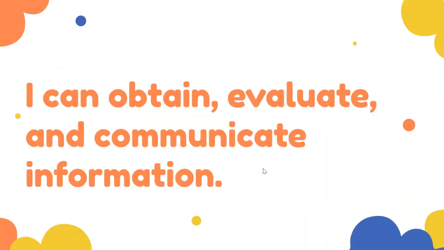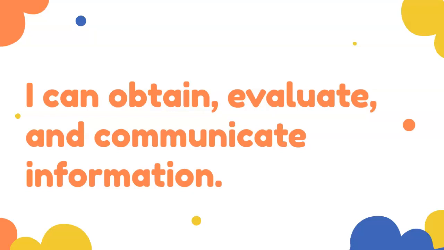so here's what we're going to do. We're going to be obtaining, that's where you're going to do your research. You're going to click the link when you go to Google Classroom. You're going to click the link for Know Your Pet and day 2 of your research. You're going to look at some information. That's where you're going to evaluate, look at it and see what pieces of information you need to include in your research about what your pet needs.